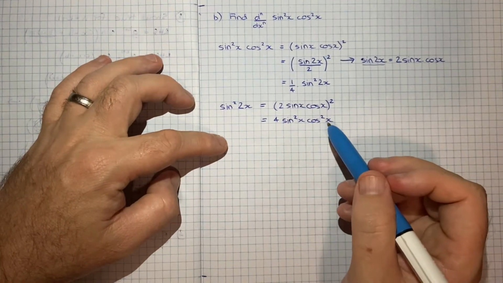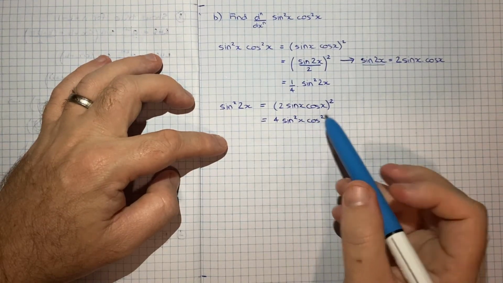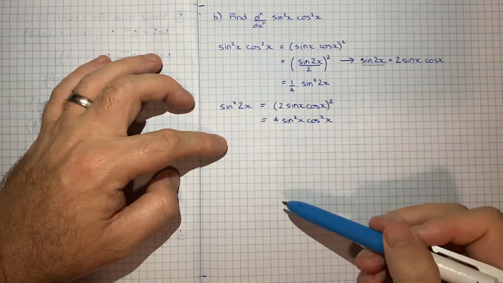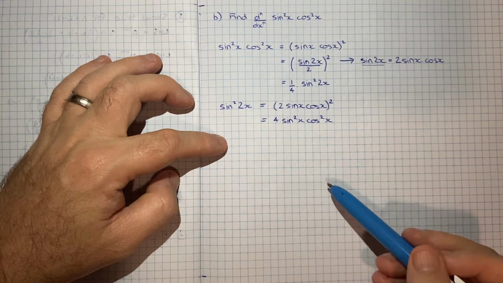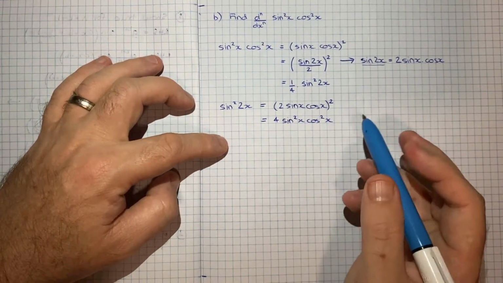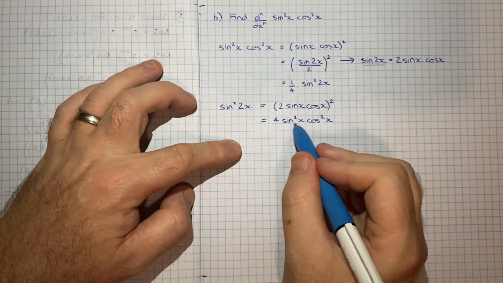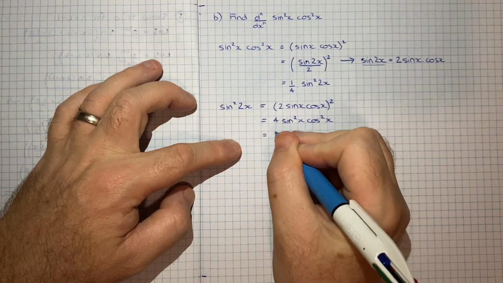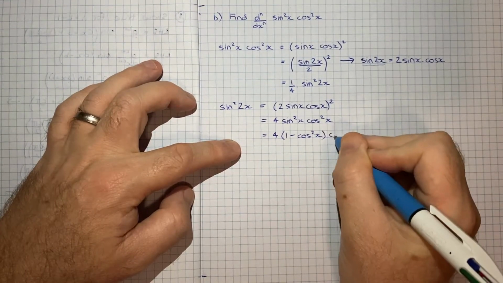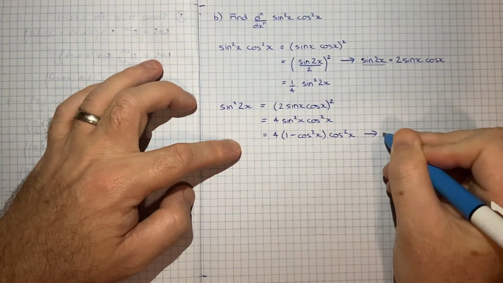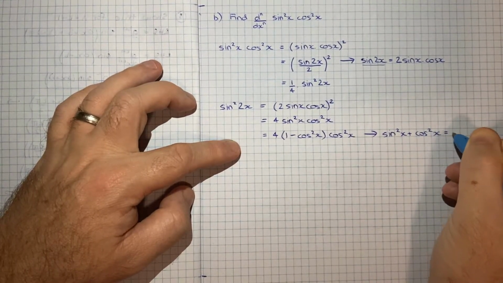And what I'll do here is first get this all into cos²x, because I know we're going to end up in a place where we can get a cos x without any squares in it, and then get it back to sine using similar techniques to what we did in part A. So from here, 4 sin²x cos²x, I'll write that as (1 minus cos²x) times cos²x, and that's using the identity sin²x plus cos²x is equal to 1.